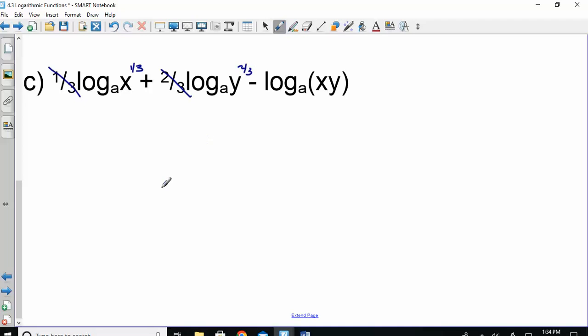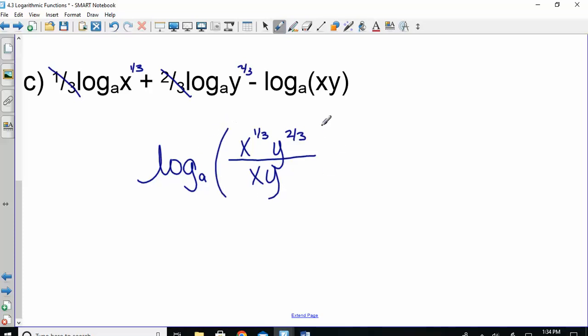The 2/3 turns into an exponent. So we have log base a. These are added, so when I put them together, they are multiplying. Minus, so that means divided by xy.